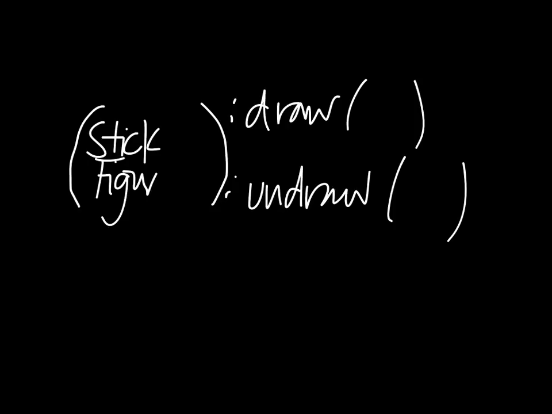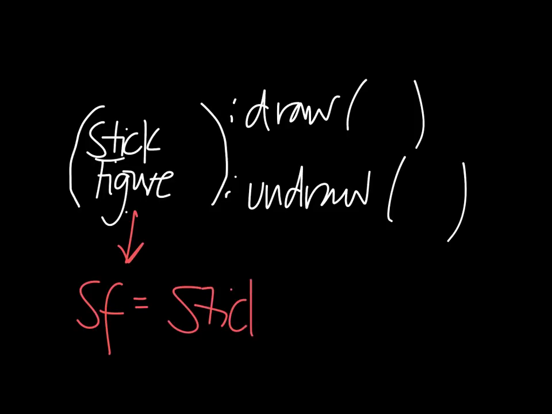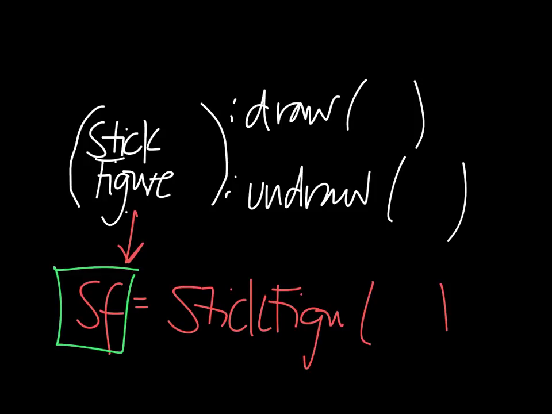So the point is, if I'm using this code and I create an object out of this, so I create my SF using that equals StickFigure code we've had before and pass it whatever I need, I then have my object, but it doesn't mean that I'm forced to use these methods in some kind of linear sequence. I can use whatever I want in any sequence I want.